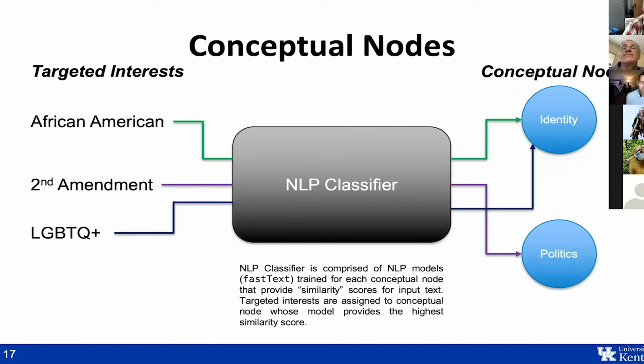So what is a conceptual node? Like I said earlier, a conceptual node is essentially a thematic category to organize all of these targeted interests into distinct groups that summarize, essentially like a genre for each of the targeted interests. The reason for this is that targeted interests are very vast.